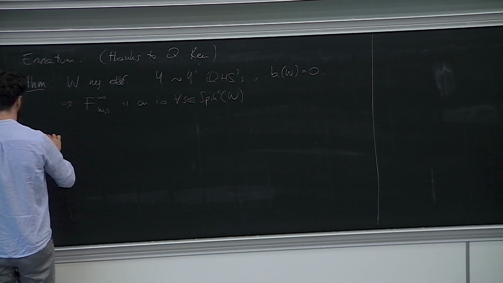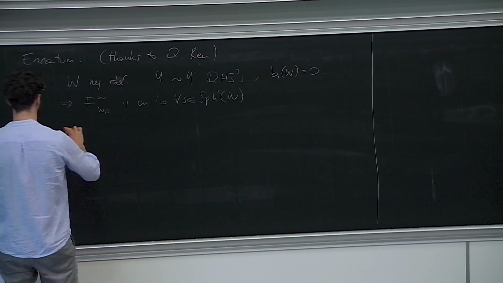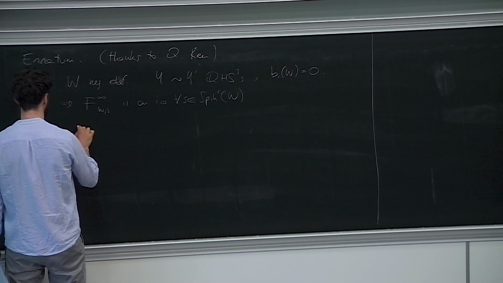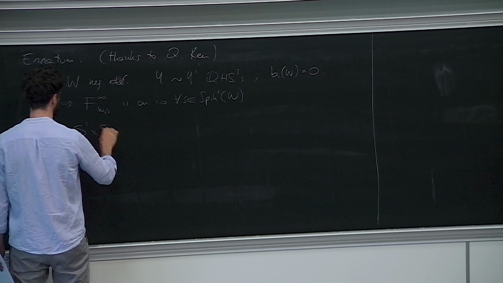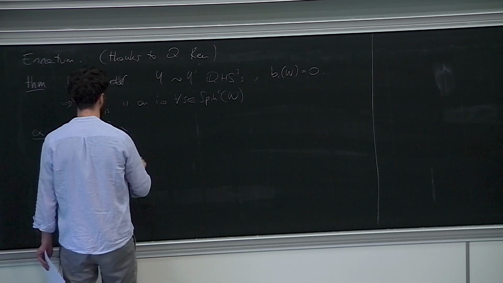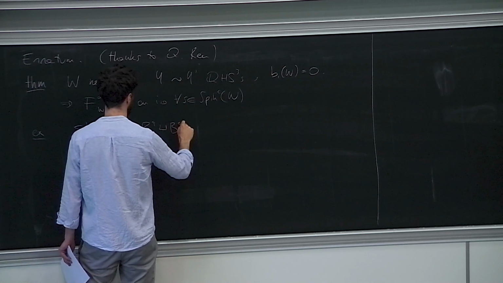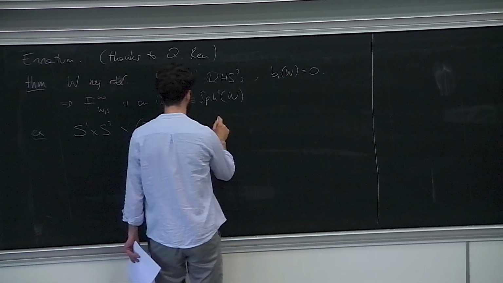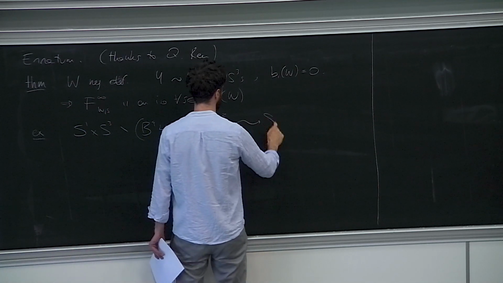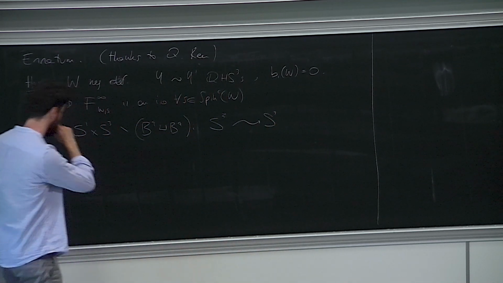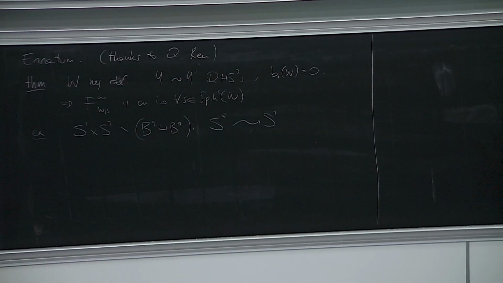And the example that you might want to think about is what happens when you take S1 times S3 and you remove two four-balls and view this as a cobordism from S3 to S3. And you can check, just for degree reasons, that this map has to vanish.